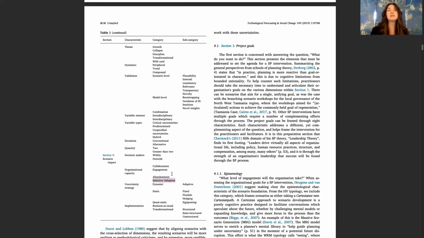So some of the dimensions are anticipatory, some of them are backwards checking. And so in the whole thing, you can create an anticipatory roadmap, but the scenario impact ends up being this backwards-looking dimension. Did we collaborate? Did we engage? Did we abandon? Did we selectively adopt?